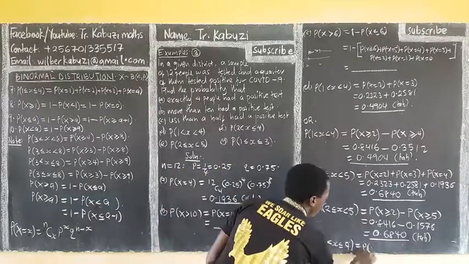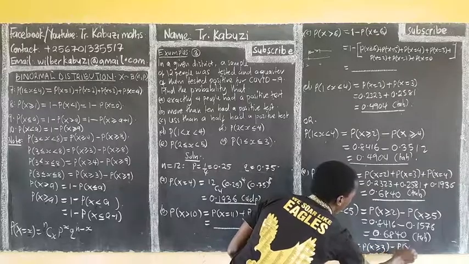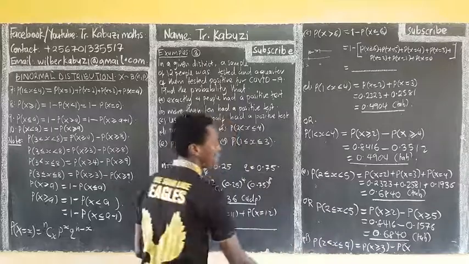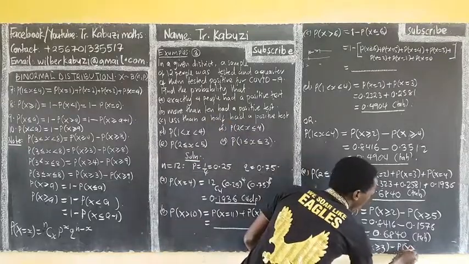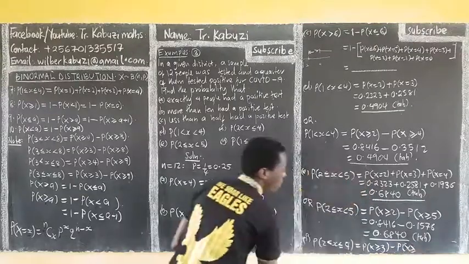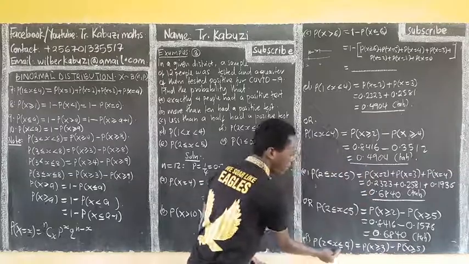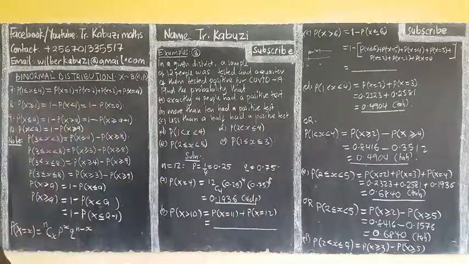So probability of x greater or equal to 3, then minus probability of x greater or equal to 5. We need a 4 because of this equal sign. And then you read those individual values there.